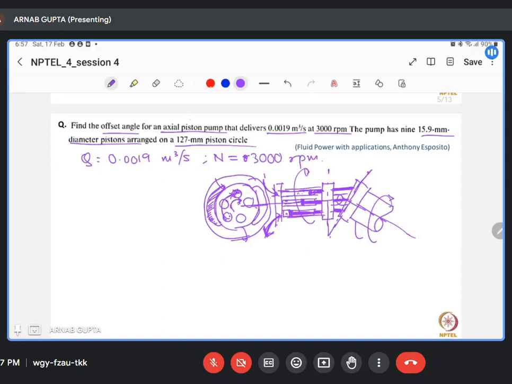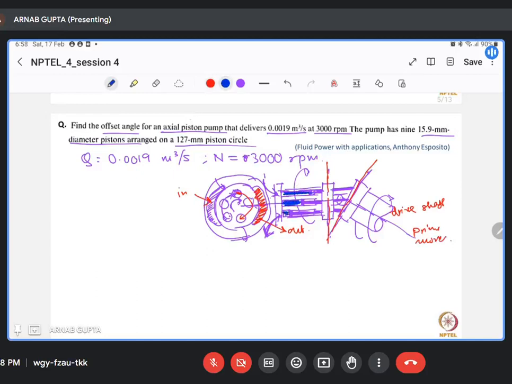But while it is going from here to here, the volume is decreasing, and hence the liquid is moving out from here. So it is better to show it like this, in and out. This is just a basic construction, I haven't drawn it accurately, and this is your drive shaft, connected to the prime mover. Inside this you have the hydraulic liquid that is being pumped.